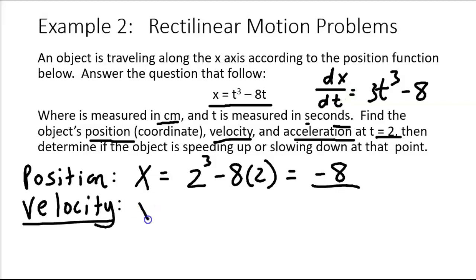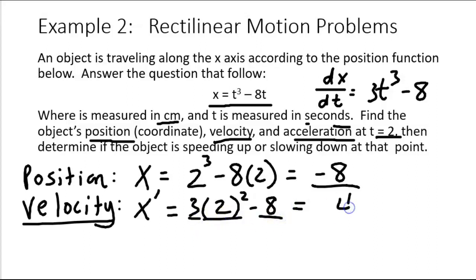But we don't need to get into all that fancy stuff right now. We just need to make sure we know the derivative. So the derivative is 3 times t squared minus 8. In this case, we're finding the velocity when t equals 2. So we plug 2 into the velocity function. That's 4 times 3 is 12, minus 8 is 4.